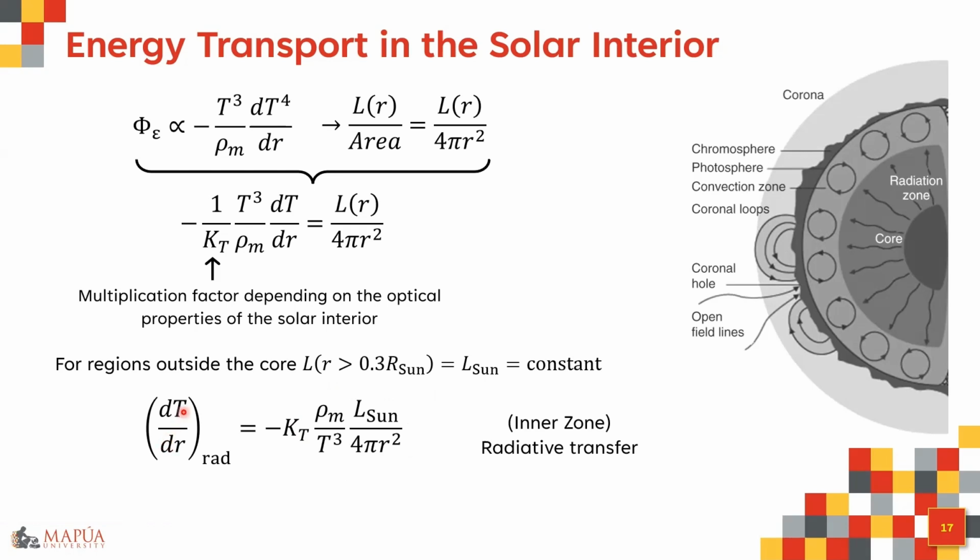This is how temperature varies with R in the radiation zone. It is a function of this constant, of the temperature itself, and of density. It is also a function of L of the sun and the distance, and you will notice that relative to R, this varies with the square of the distance. So this is the inner zone for radiative transfer.